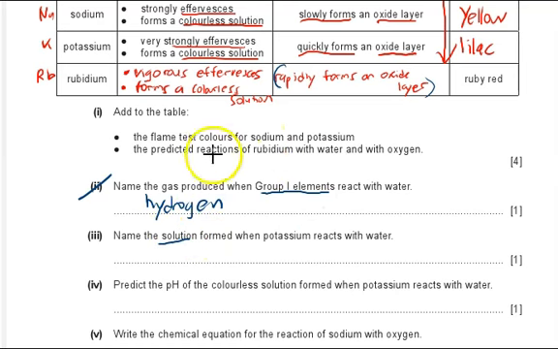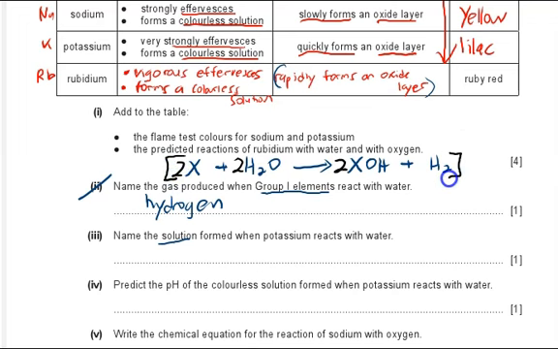So always remember, when you have a group 1 element, let's say this is a group 1, it reacts with water, it will form a group 1 hydroxide, and it will release hydrogen gas. So to make it proper, we will balance the equation, and this is your equation formula for group 1 when reacting with water.